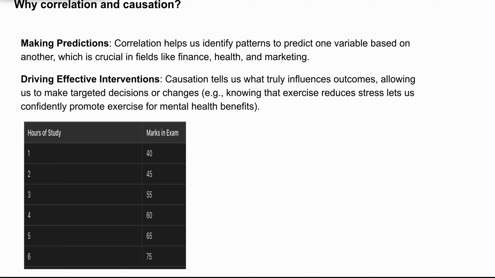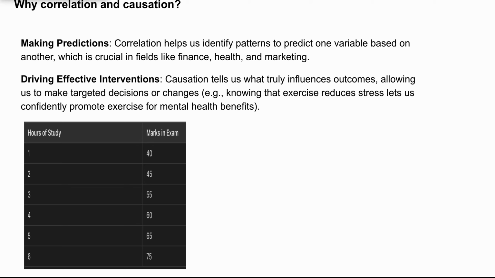So let's look into this in terms of causation. What does causation say about these two features? Causation could say whether hours of study truly influences marks in exam or not, right? This is what is critical here.